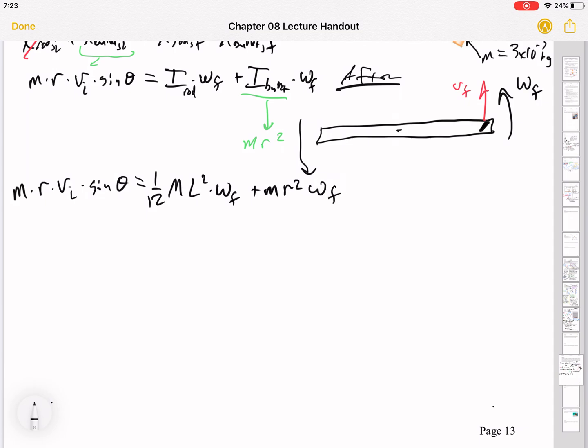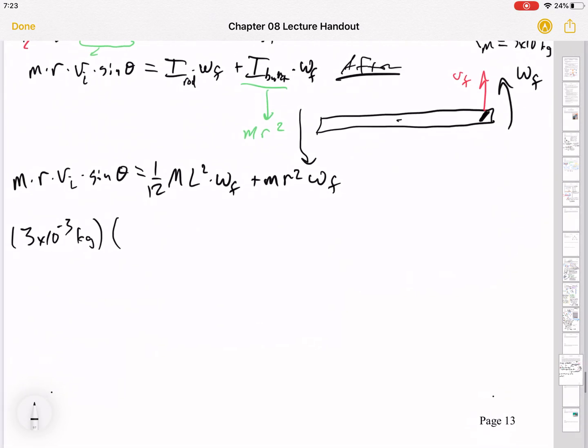Okay, I think we're ready to plug numbers in. So the mass of the bullet is 3 times 10 to the minus 3 kilograms times 0.25. It's not really a radius of the rod, but it's half the rod length. It's R for the moment of inertia, the angular momentum of the bullet. V initial is what I'm solving for.